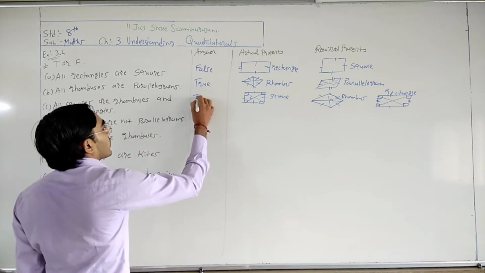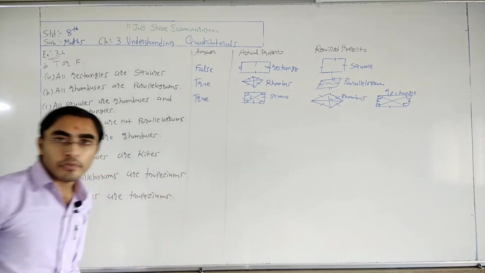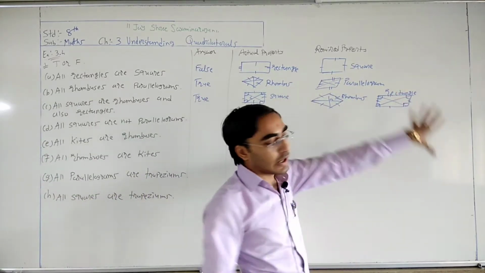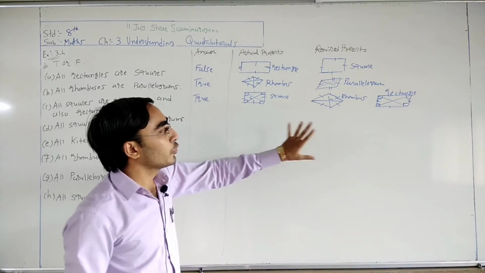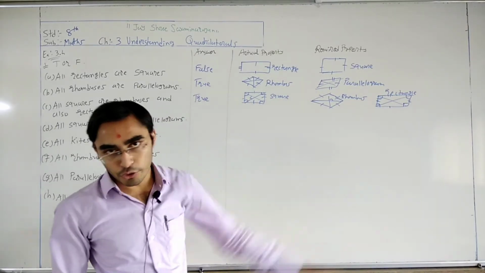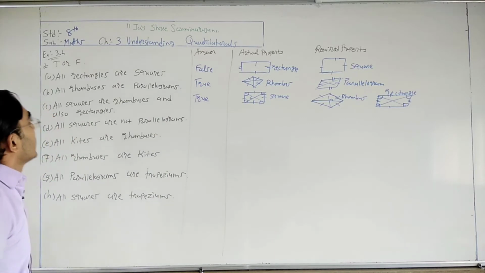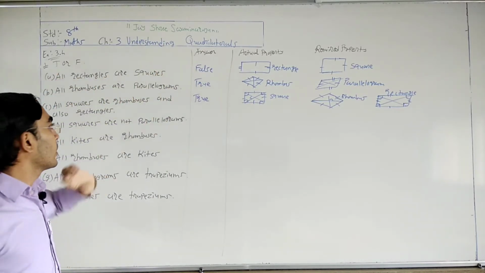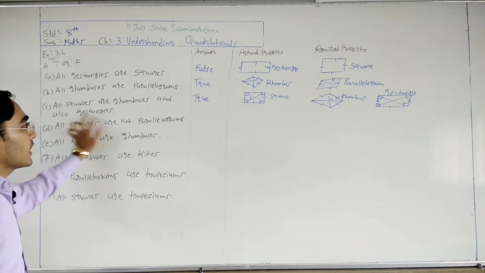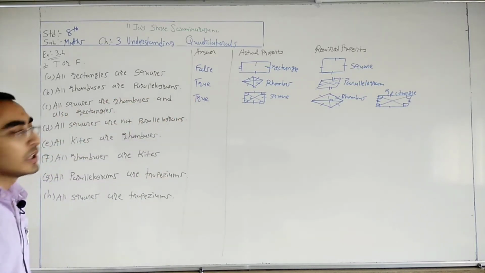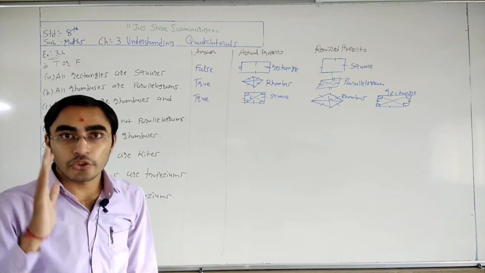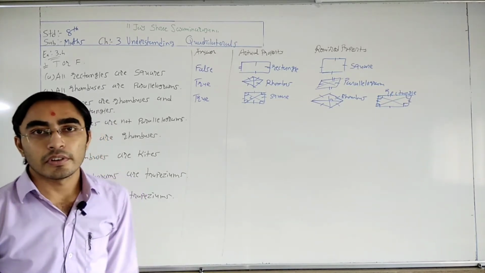That's why this statement is true. In the first question, all rectangles are squares is false, but all squares are rectangles is true.